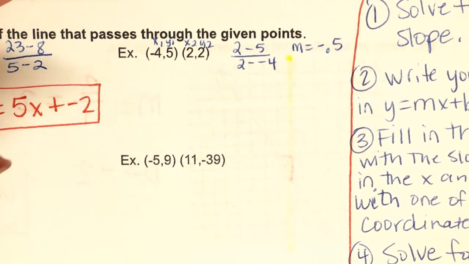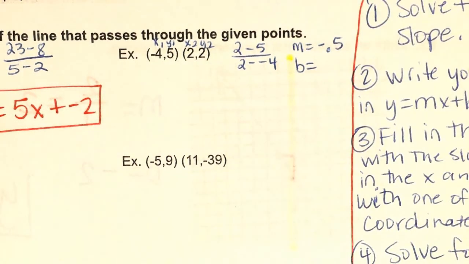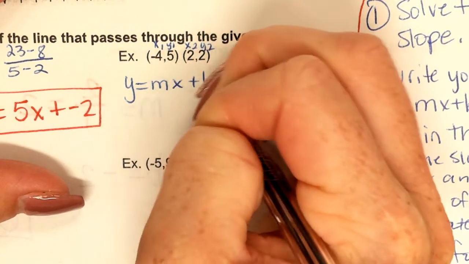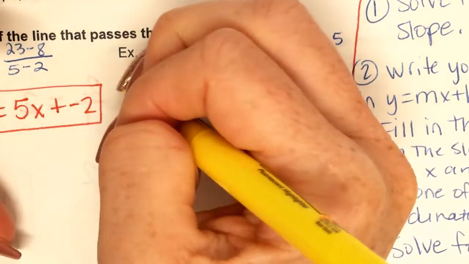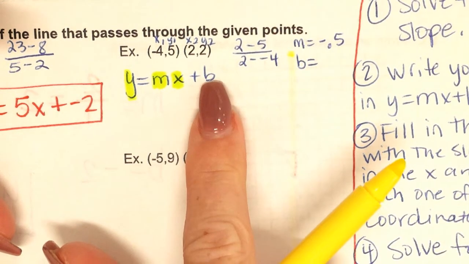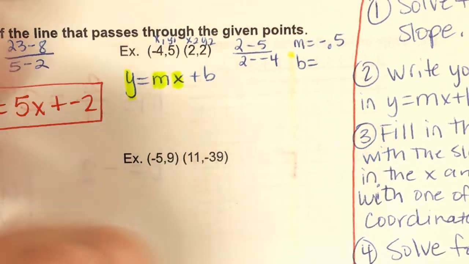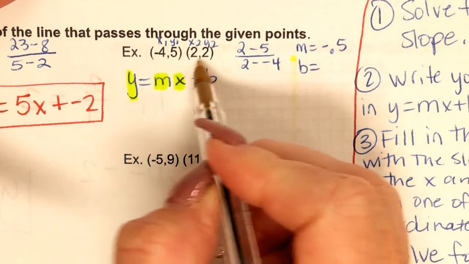Now we're going to solve for the b, and to do that, we're going to use the equation y equals mx plus b. So write y equals mx plus b. You're going to do this by plugging in a y value, an m value, and an x value, and solve for b. Y'all understand what we're doing? You get to choose, do you want to use this coordinate or this coordinate?